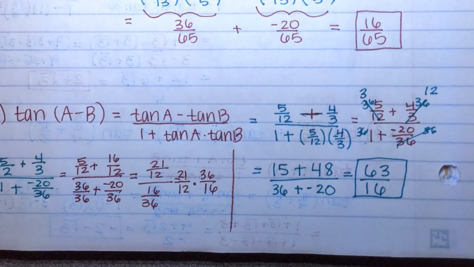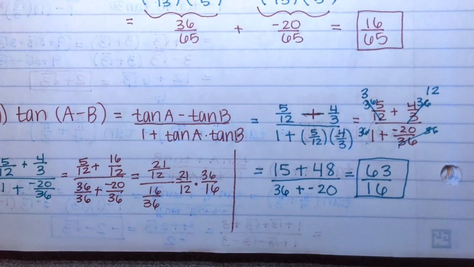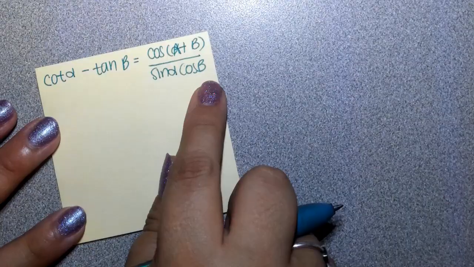On your homework, it's going to have you verify like we did on this last test. And I want to show you kind of how to do that real quick. Remember when we verify, we keep that right side the same.